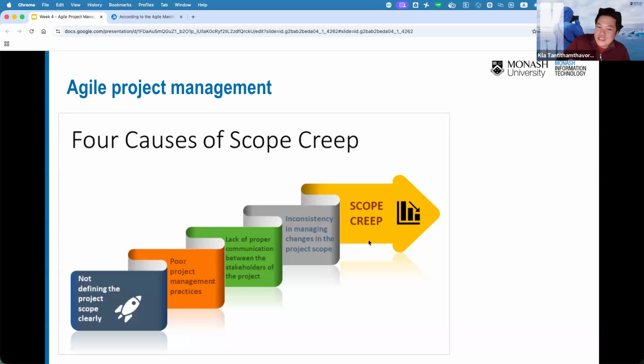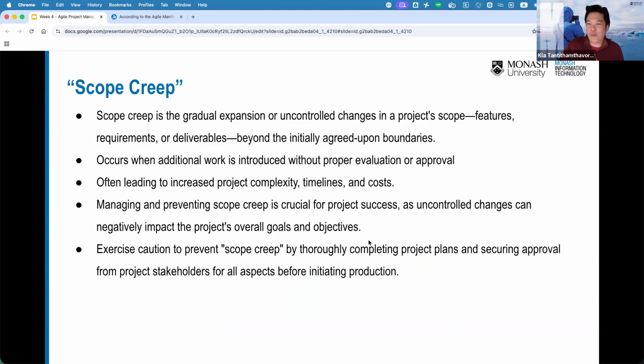Or you inconsistently manage changes in the project scope, that kind of thing. In one document you document it like this, in another you document it the other way. This kind of inconsistency will create lots of issues in the project. Okay, so it will lead to scope creep.